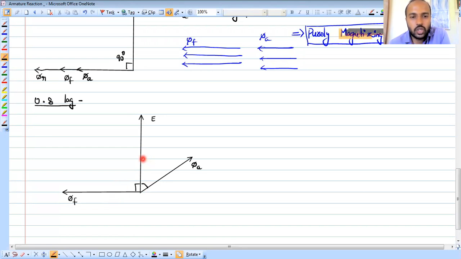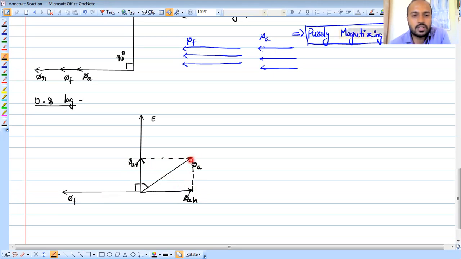And we can resolve this armature flux into two components here, a vertical component and a horizontal component. So if you resolve this one into two components, here we got phi AV, the vertical component, and phi AH, the horizontal component.